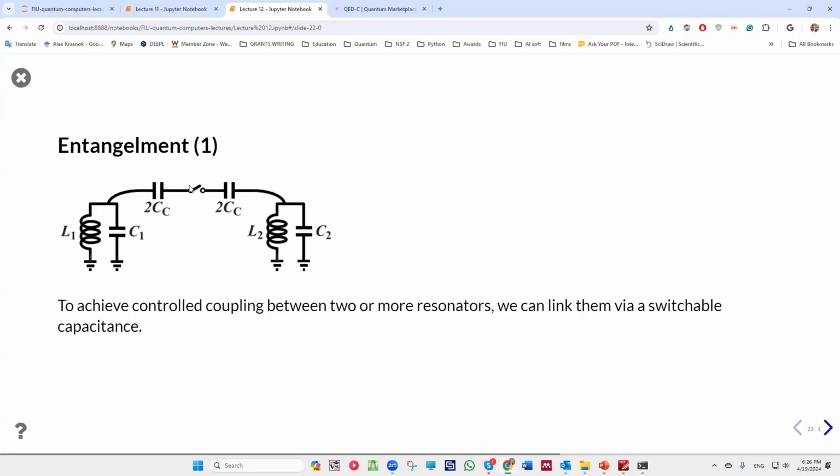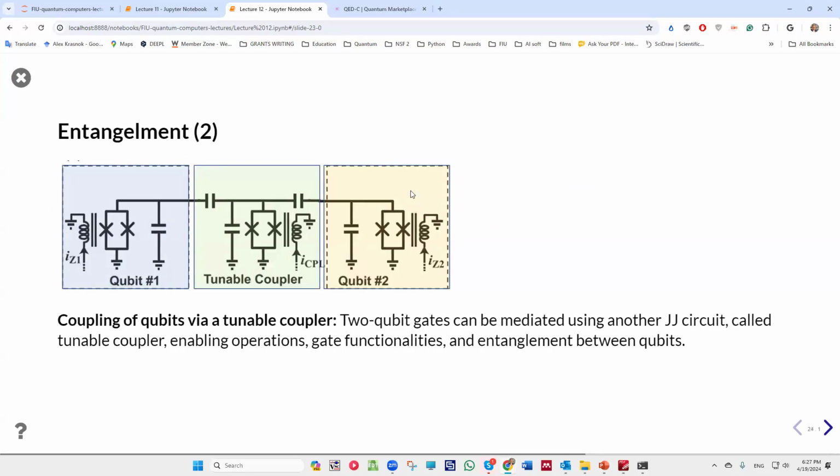When we need to couple the circuits, we just turn on this key, and the circuits will be coupled through the coupling capacitors. Something similar happens to coupled qubits. Here in this picture, we have qubit 1, qubit 2, and they are coupled through a switch, but that's not a mechanical switch. That's a switch realized with the use of another qubit.